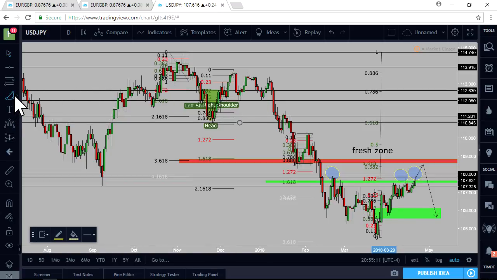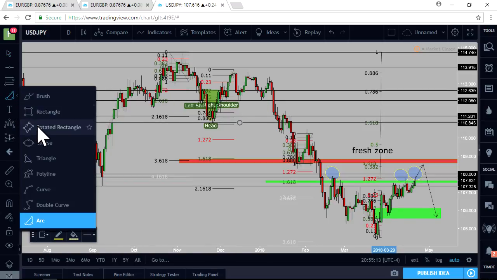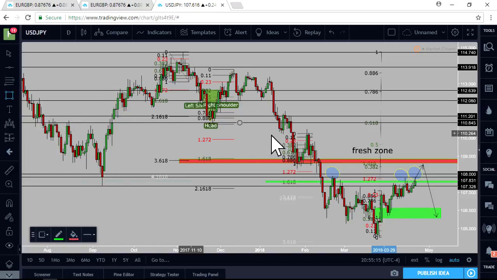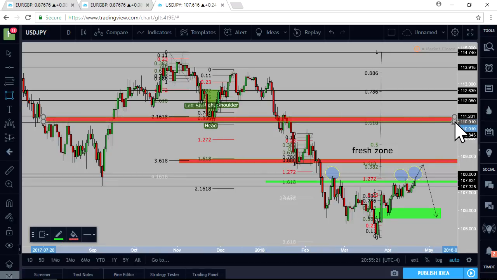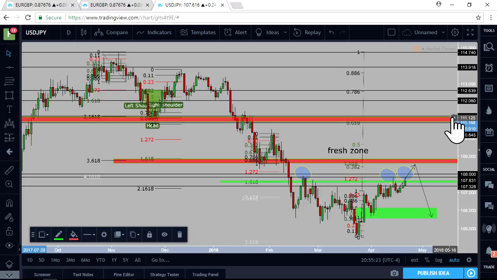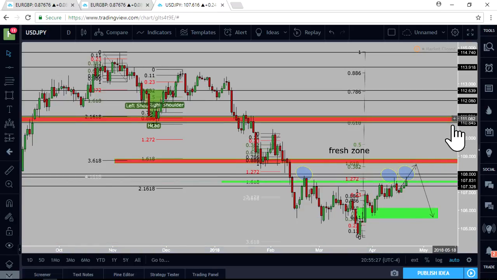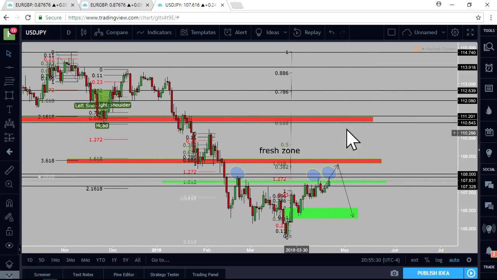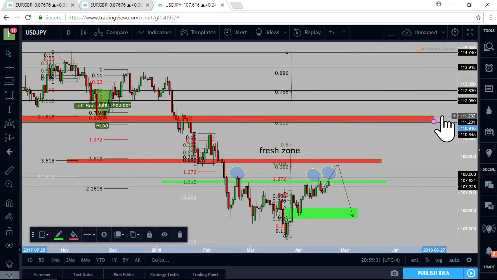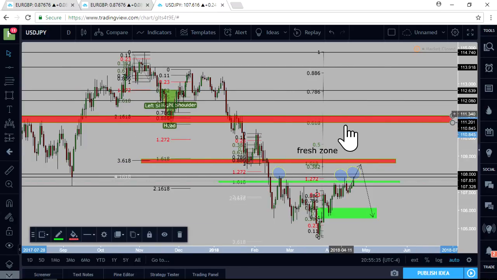Right around this level, I think we need a nice little box right here. Rectangle box. And I'll just mark this up from here all the way across. Perfect. Notice how this is my 618.